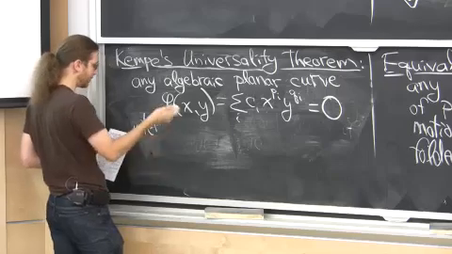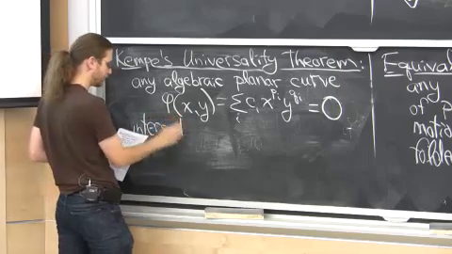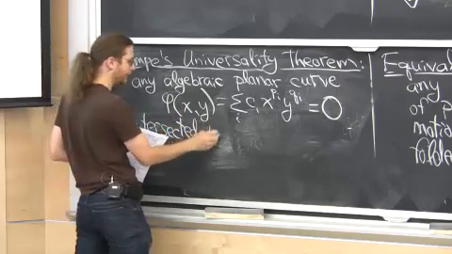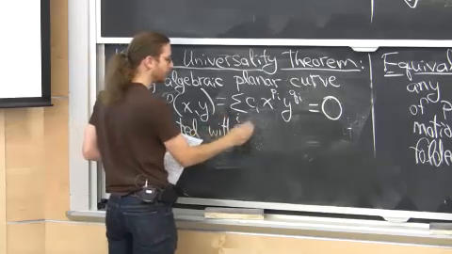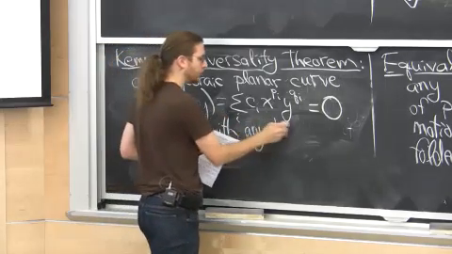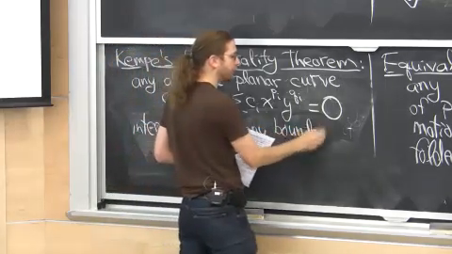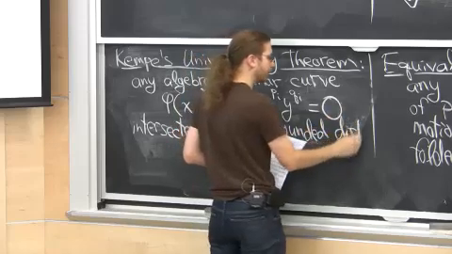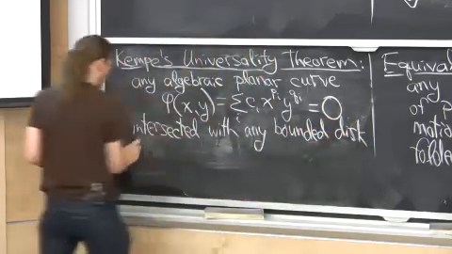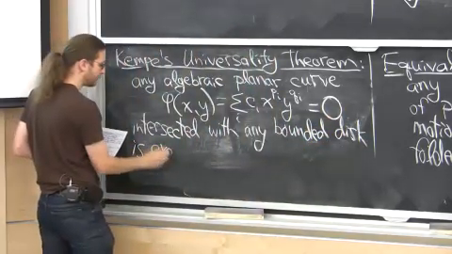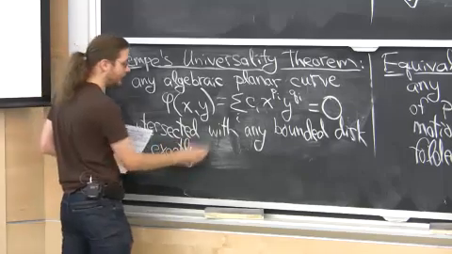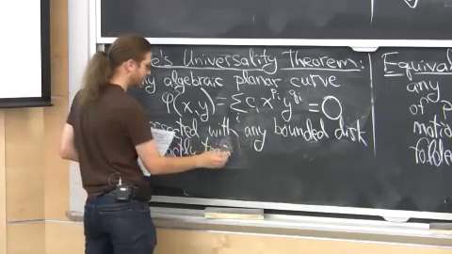Think of that as just a spline, some kind of polynomial curve. We're going to restrict that curve to a bounded disk. Then I claim that is exactly the trajectory of some vertex in a linkage.